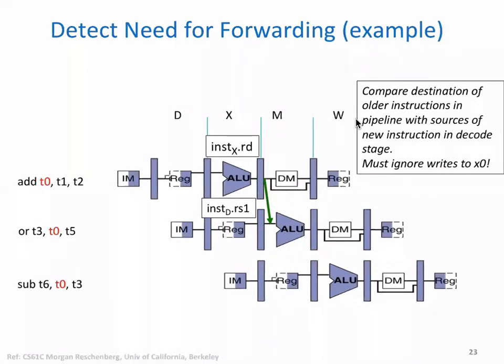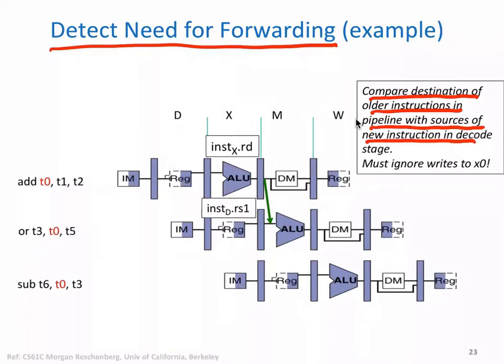So how can we detect the need for forwarding then? Again, we can do it in the following way. Compare the destination of the older instruction in the pipeline with the sources of the new instruction in the decode stage.